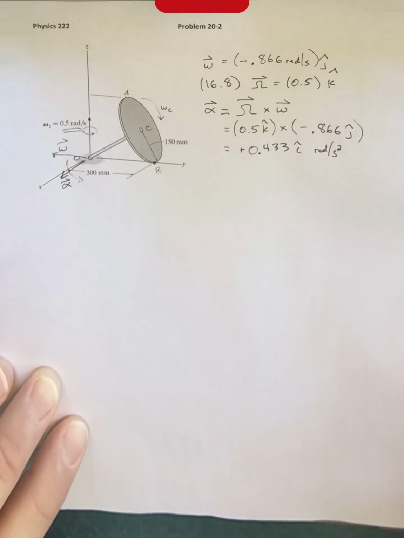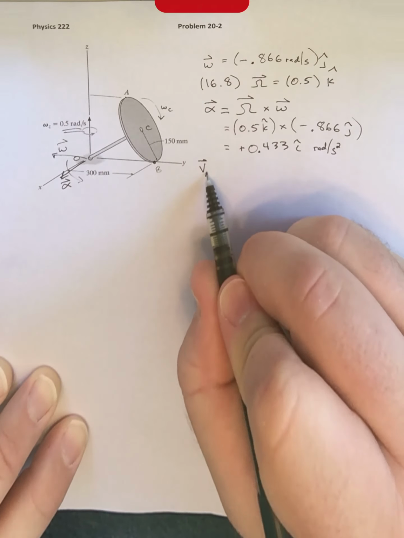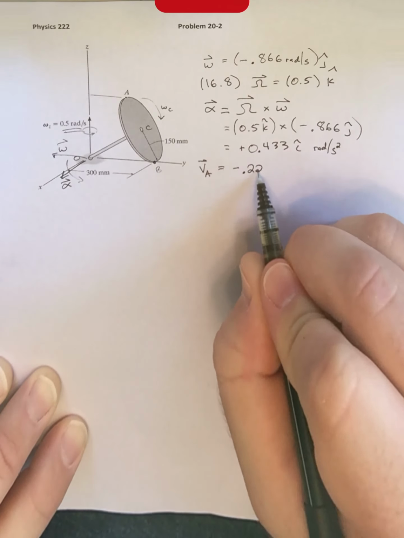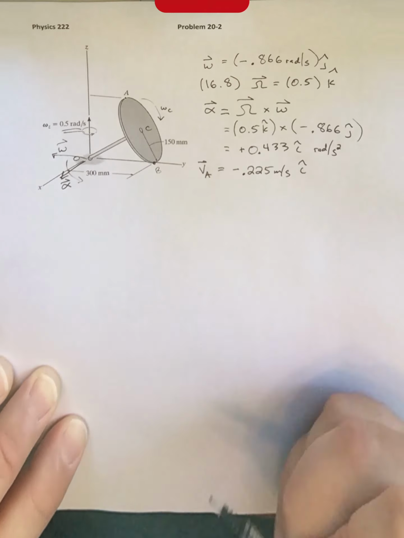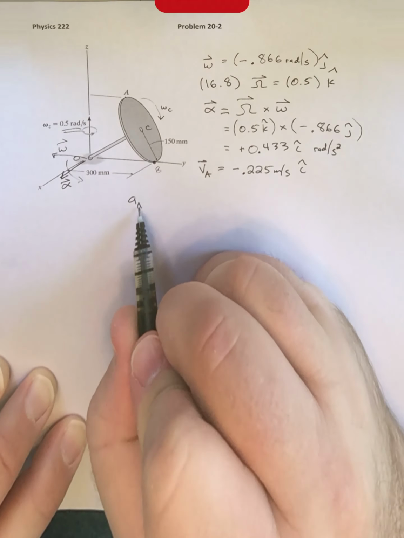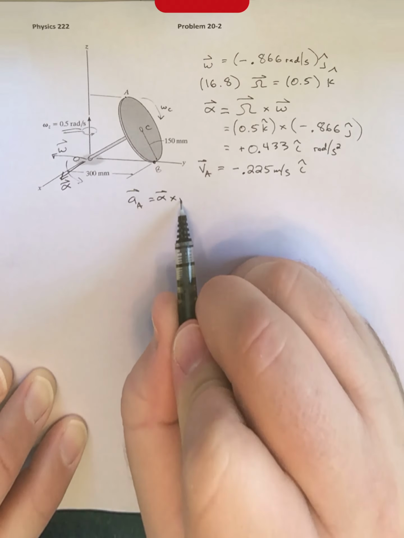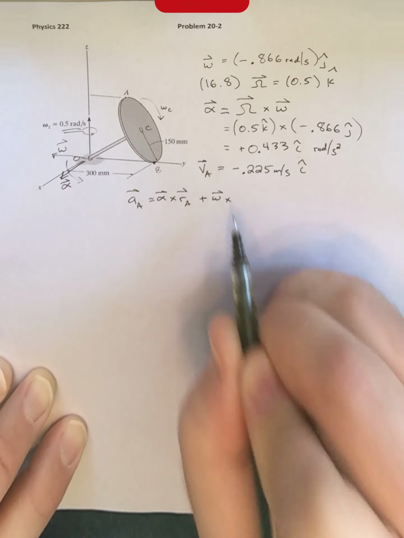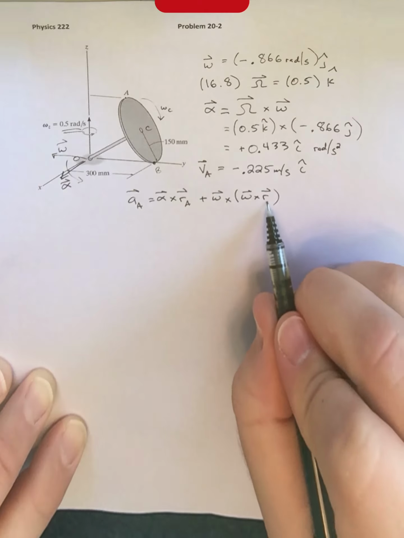So we've already found our velocity vector. Again, repeating from what we had before, our velocity vector is equal to negative 0.225 meters per second i hat. Then if we want to write down our acceleration, a sub a is equal to alpha cross r sub a plus omega cross r sub a.